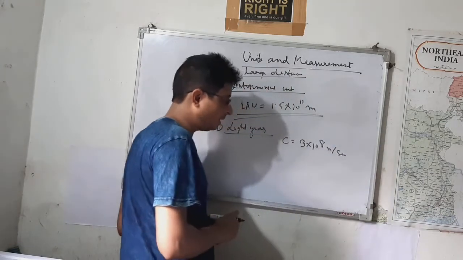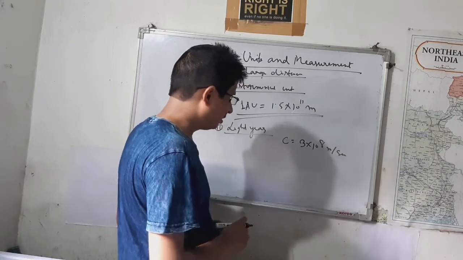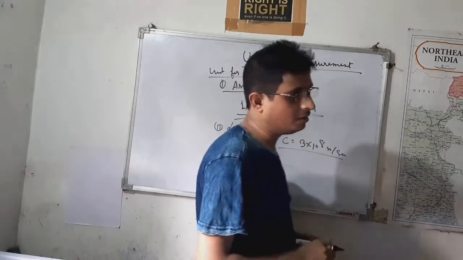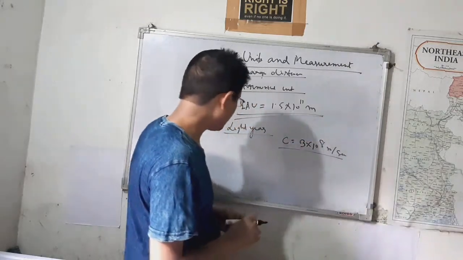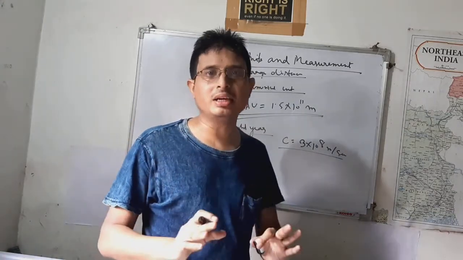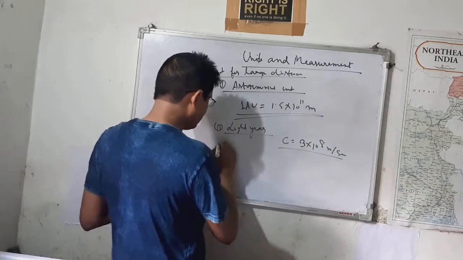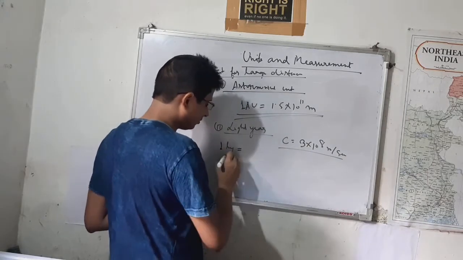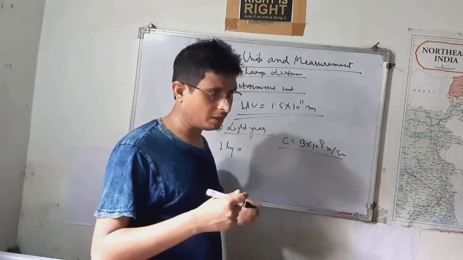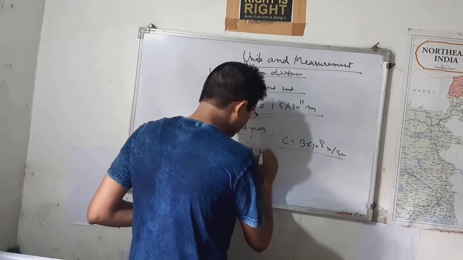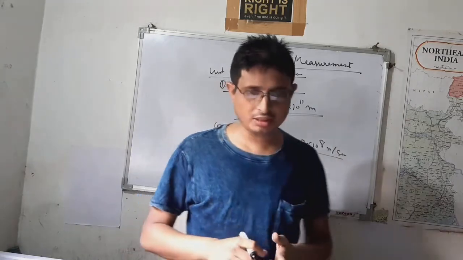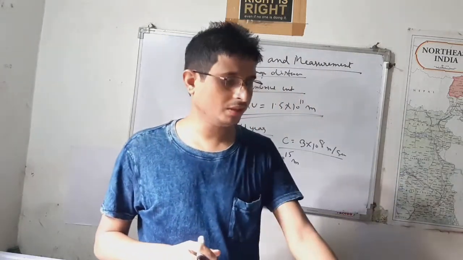Actually it is 2.998 into 10 to the power 8 meter per second, but in general we can write C equal to 3 into 10 to the power 8 meter per second. The distance covered by light in 1 year is known as a light year, and 1 light year is nearly 9.46 into 10 to the power 15 meter.